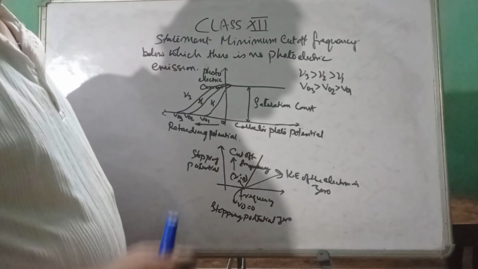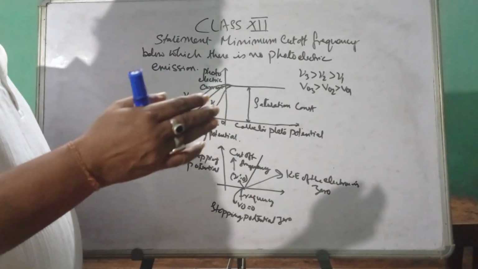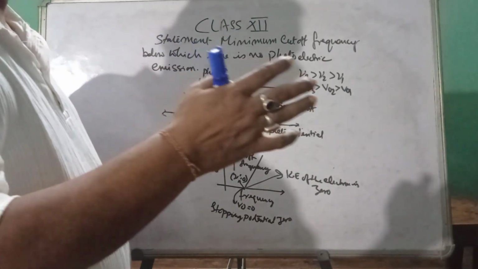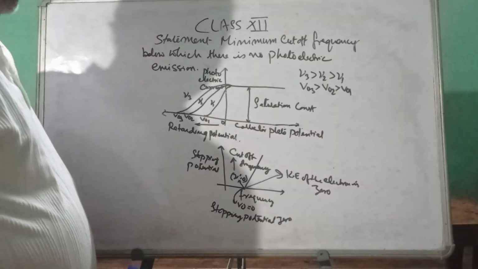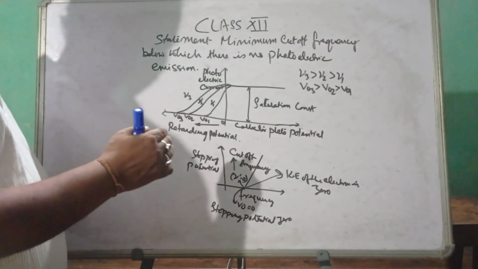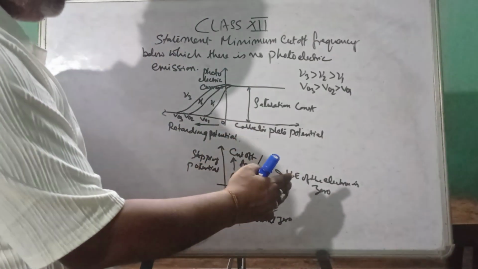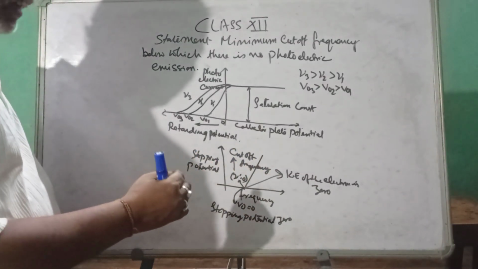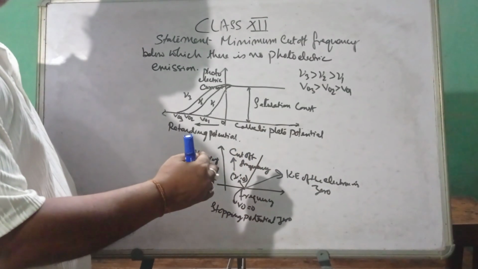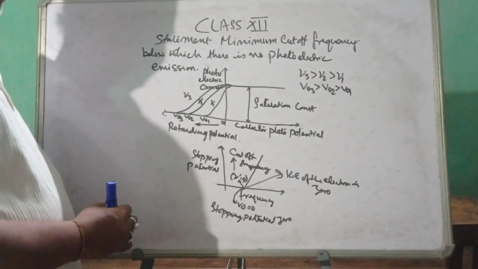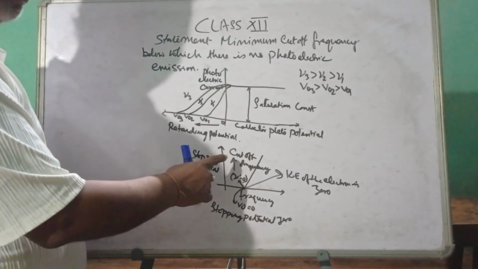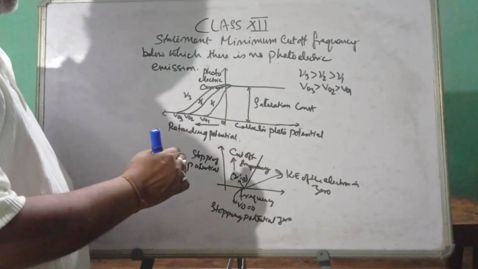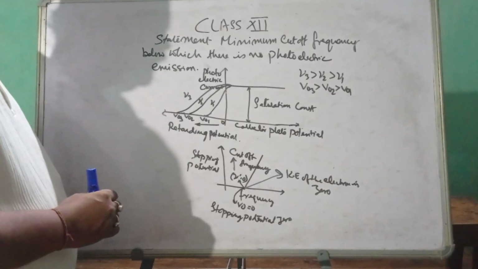So, when the kinetic energy is 0, the electron has just moved from the metal surface. This is the frequency where the electron has just moved from the metal surface.